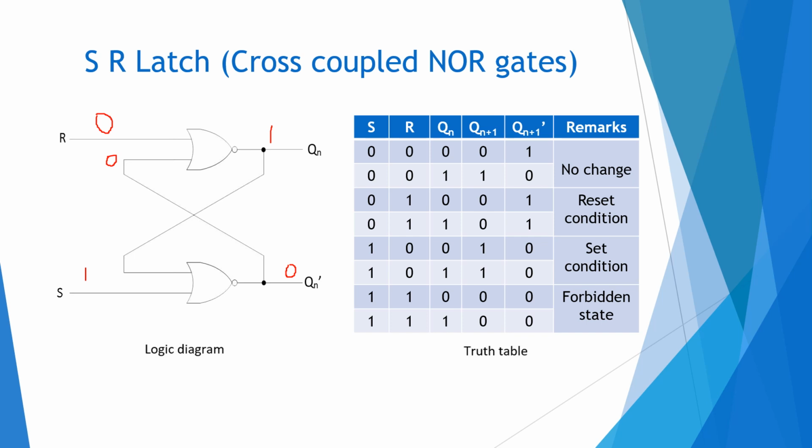And this 1 comes here, so again 0 only. So we understood that when S is equal to 1, R is equal to 0, the output is 1. So this is a set condition, shown here. S is equal to 1, R is equal to 0, whatever the state of Qn, Qn+1 will be 1.